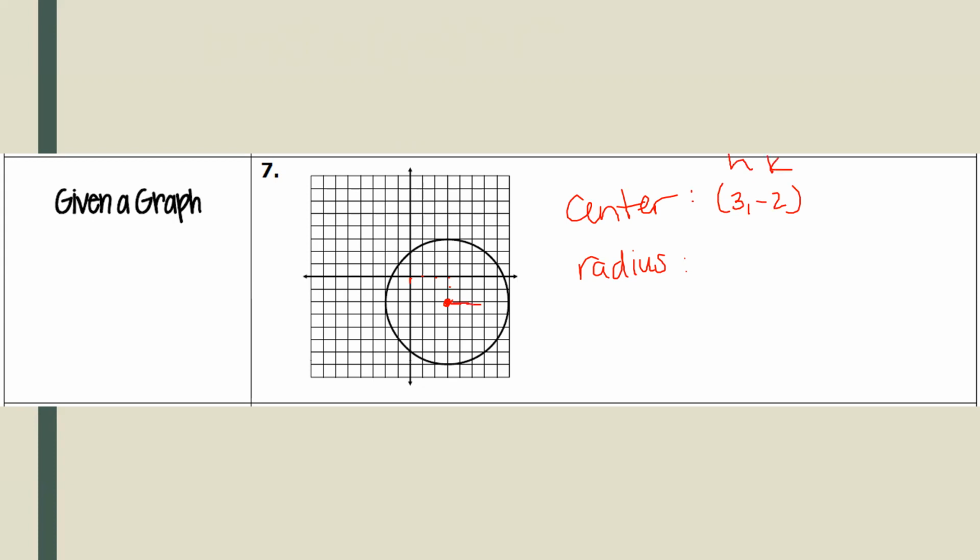The radius, count the blocks: 1, 2, 3, 4, 5. So the radius is 5. Now we have everything that we need to write the equation. Again, the equation is on the formula sheet, you don't need to memorize it. X minus h squared plus y minus k, which is -2, becomes plus, squared equals r squared. Well, if the radius is 5, then r squared is 25. Easy peasy.